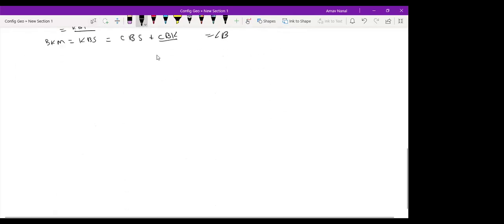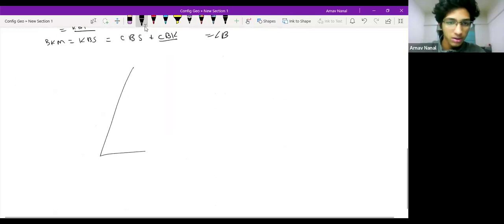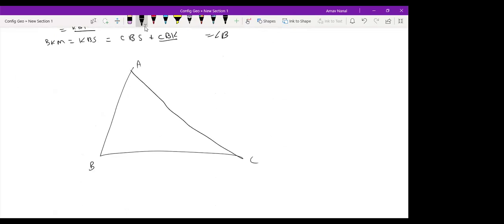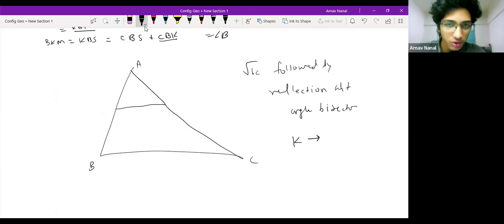So where do you think the dumpy point goes under root BC inversion, that is, inversion under root BC followed by reflection about the angle bisector? What does the dumpy point swap with? That's the question.